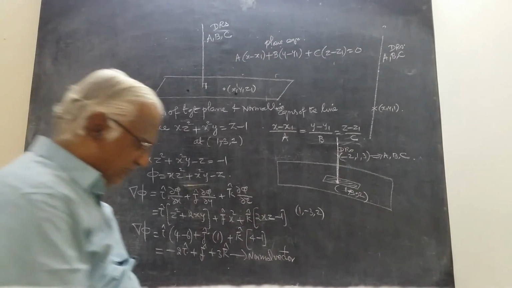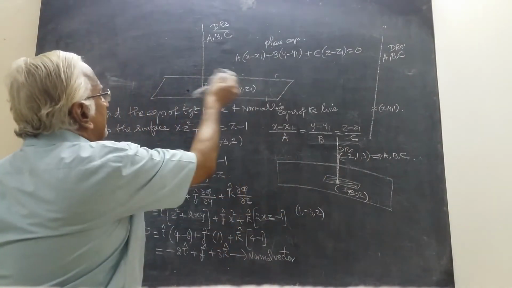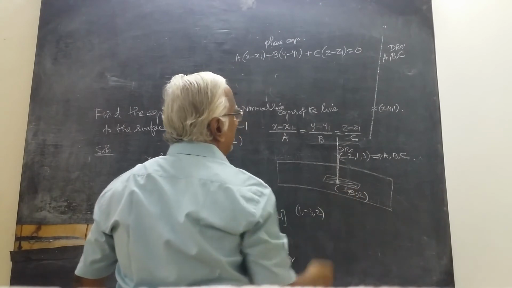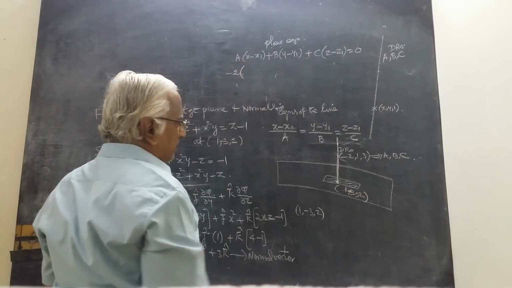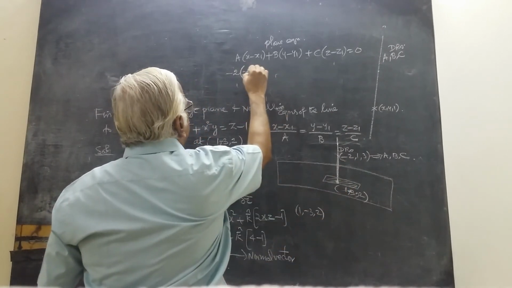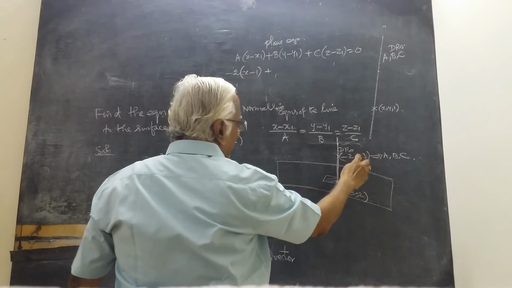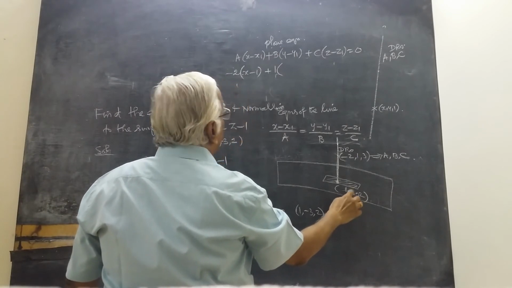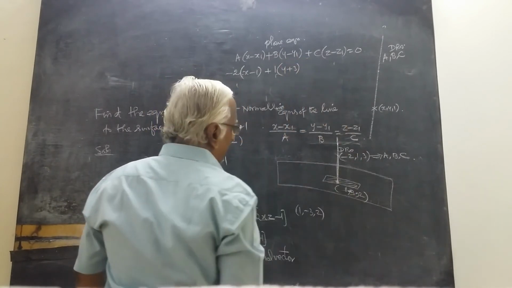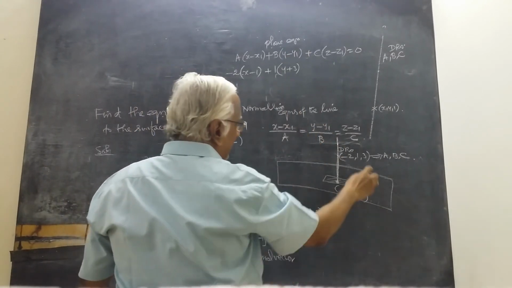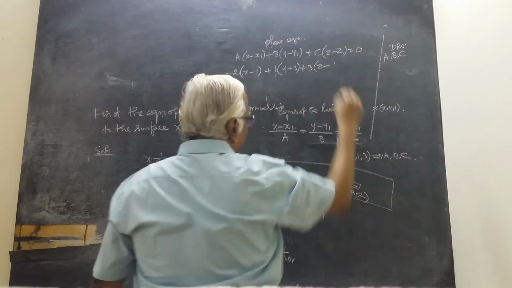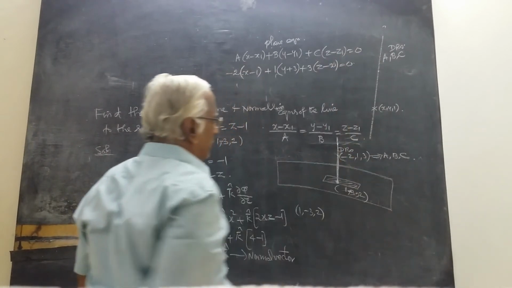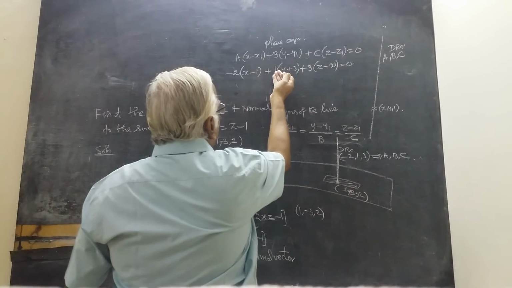A, B, C are minus 2, 1, 3. Minus 2 into x minus 1, plus 1 into y minus of minus 3, which becomes plus 3, plus 3 into z minus 2.